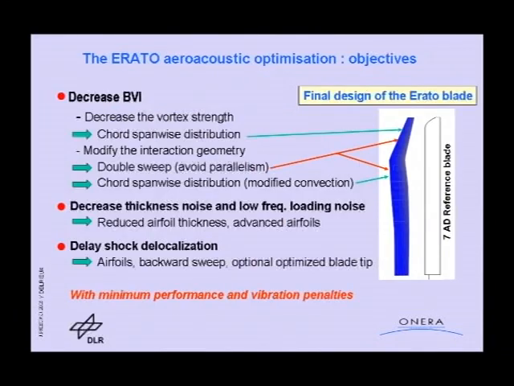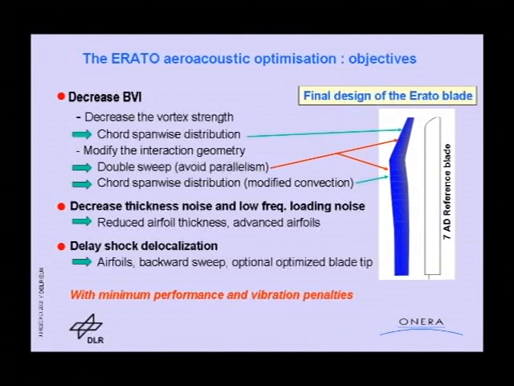But in fact, we have used these tools for the design of a low noise model rotor. This is the Aeroacoustic Cooperation, in which, in close cooperation with DLR, we have numerically designed, built, and tested in DNW at low and medium speed and Modane at high speed, a low noise model rotor.